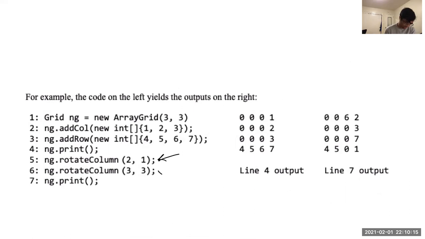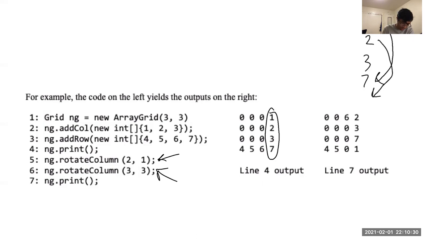And then similarly, we rotate column 3 by 3 elements. What that's going to do is take this column and move each one down by 3. So if you have 1, 2, 3, 7, this one's going to go all the way down to here, and then everything else is going to wrap back. So 2 tries to go all the way down, but it'd be out of bounds, so it wraps back up by 1. 3 again tries to go all the way down, but it'd be out of bounds, so it wraps back up by 2.